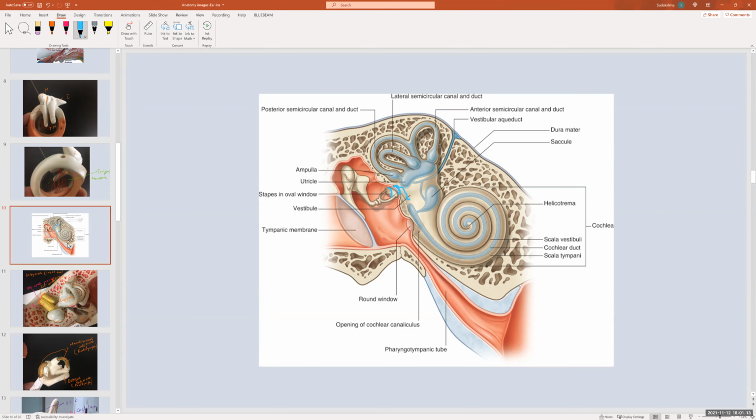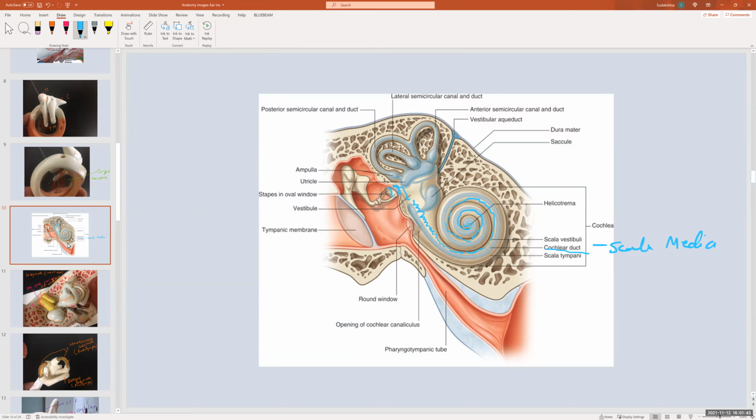Here they're only showing the cochlear duct, which is the same thing as scala media. Call it scala media or cochlear duct. Basically, scala vestibule vibrates. The vibration of the scala vestibule basically starts moving the perilymph. The perilymph is sloshing. It sloshes and the sound wave goes up through the scala vestibule.